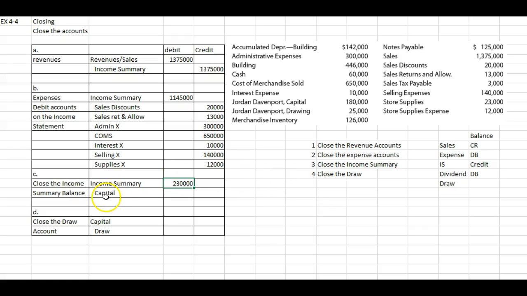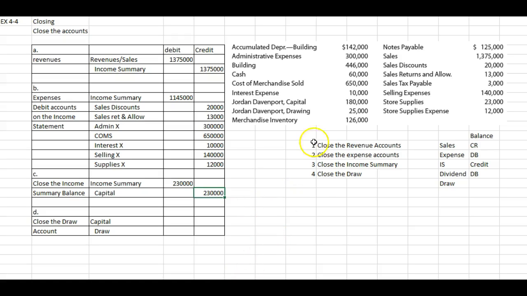I add it to my capital accounts right here. So I'm going to debit the income summary, and I'm going to credit my capital account for that amount. So literally all you do is take this credit minus this debit and debit the income summary. This debit then needs the credit to the capital account.